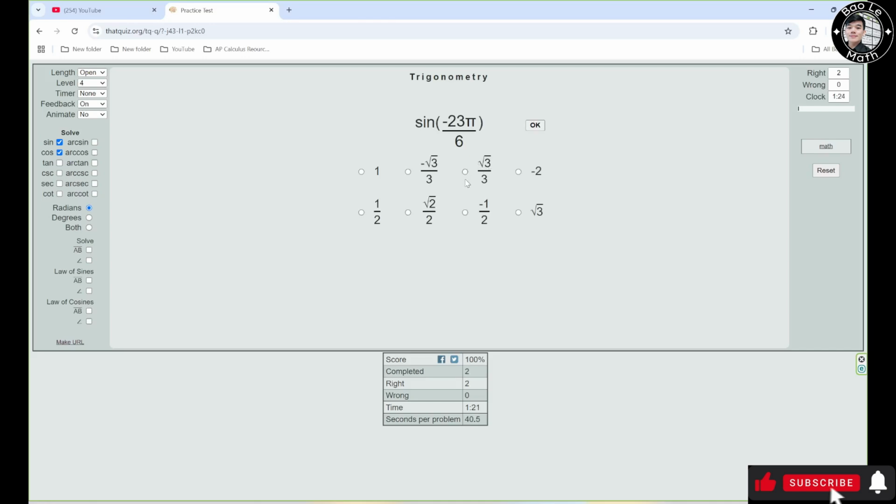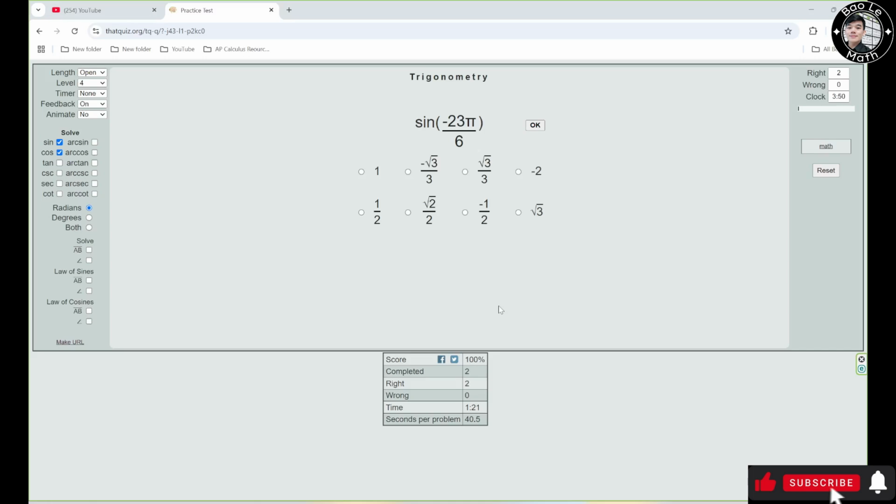Now the last one: sine of negative 23 pi over 6. I can split this into negative 11 pi and negative 12 pi. Negative 12 pi divided by 6 is negative 2 pi, which is the period of the sine function.